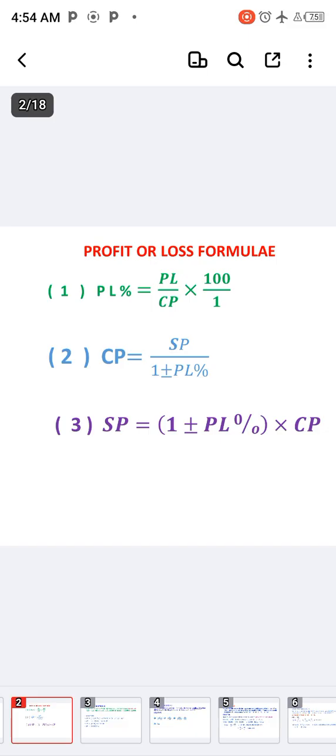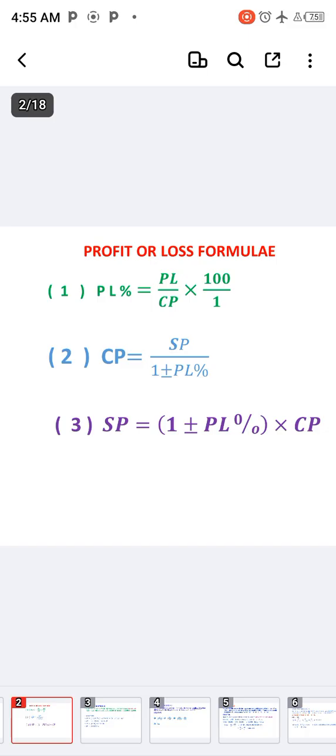You'll be given the selling price and the percentage profit, if the question is connected to profit, or you'll be given the loss percent if the question is in connection to a loss. So this is the formula you will use at all times to find the cost price of any item given the selling price and the percentage profit or the percentage loss.